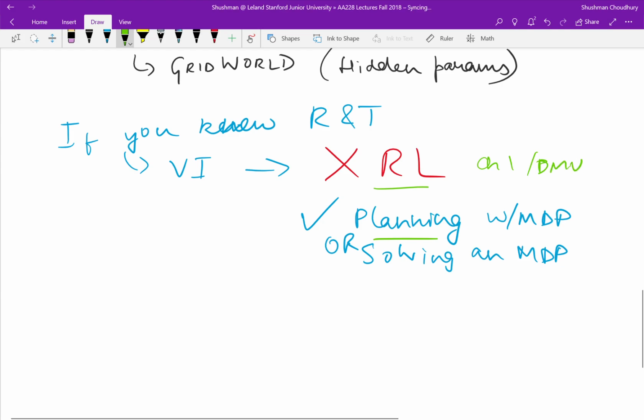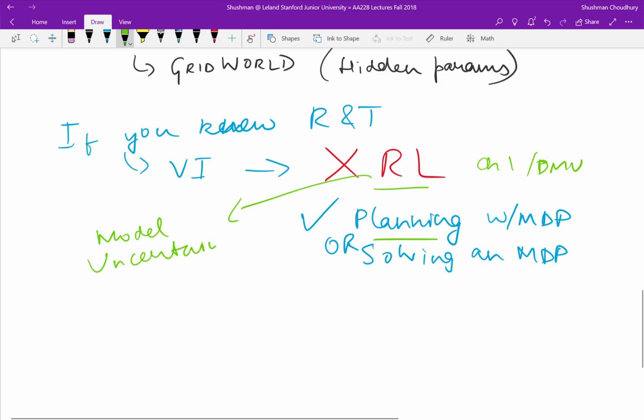That's why RL is called model uncertainty, where you are not sure what R and what T are. And so you can either assume a form for them, which is model based, or you can directly try to get a policy, which is the end goal of reinforcement learning, through a model-free approach, just by looking at the data.